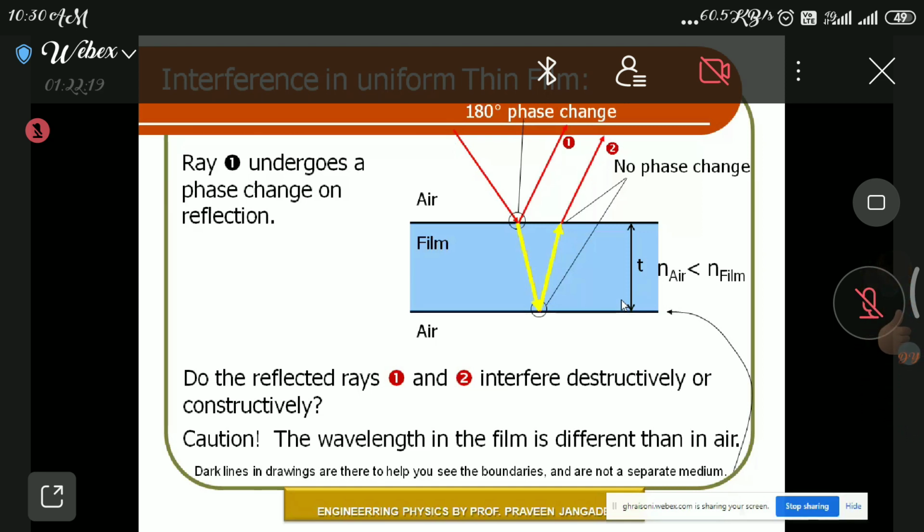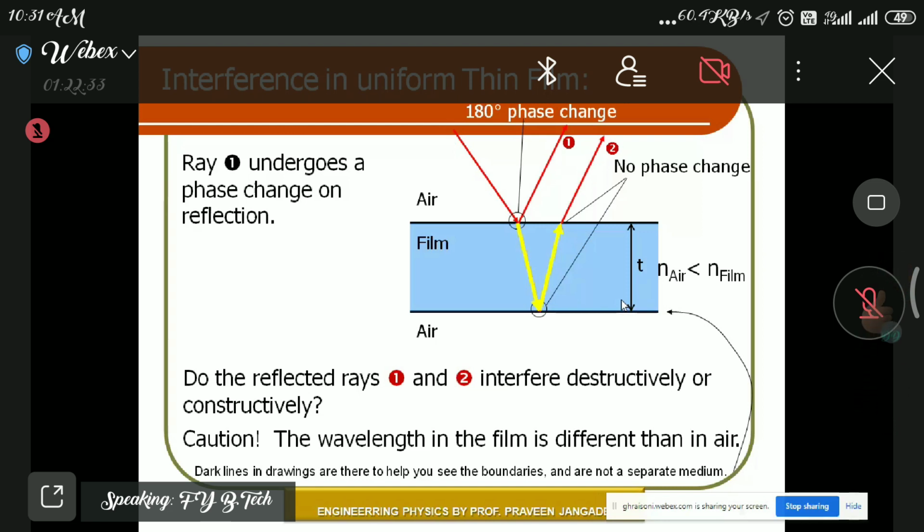Due to this, two rays are formed, ray 1 and ray 2. These two rays originate from a single ray, so they are called coherent rays. Ray 1, which is reflected from a denser to a rarer medium, undergoes a phase change of 180 degrees, and ray 2, which is internally reflected, has no phase change.